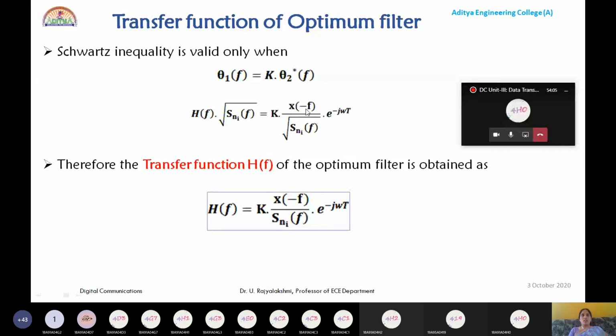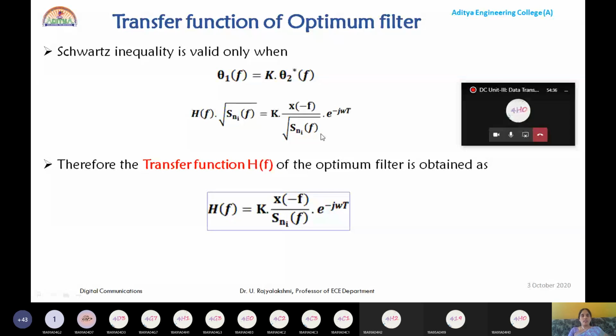Okay, here the star that we represented is the complex conjugate. That's why I directly represented the equation. In the case of theta 2 of f, if you take the complex conjugate, you can directly represent it as x of minus f, and e power plus j omega t you can directly represent as e power minus j omega t.